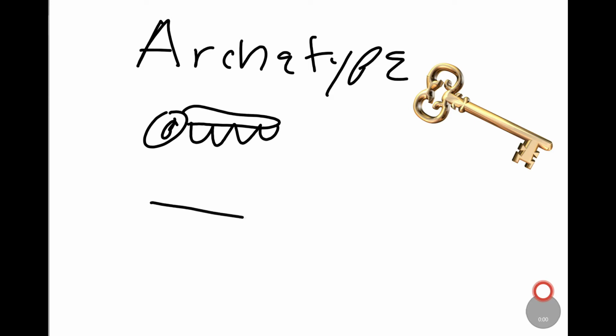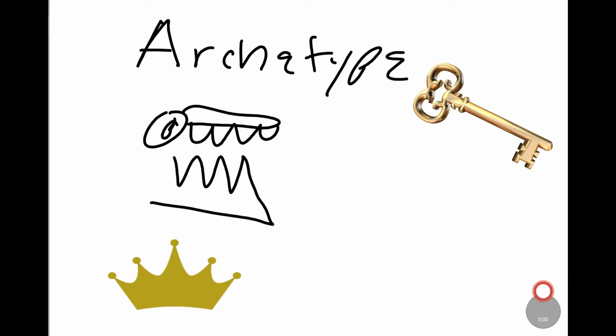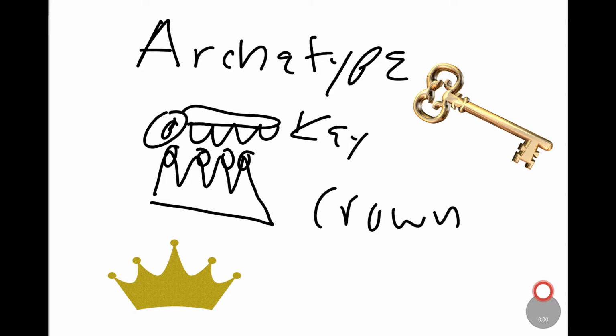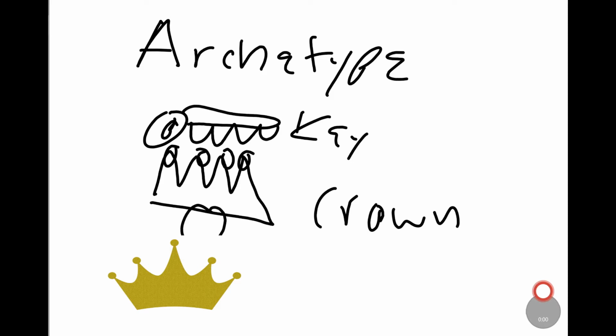Or, you know, a crown. Key, crown. All right? So you kind of understand what I said. If I put the crown on your head, you instantly know right away what that is.